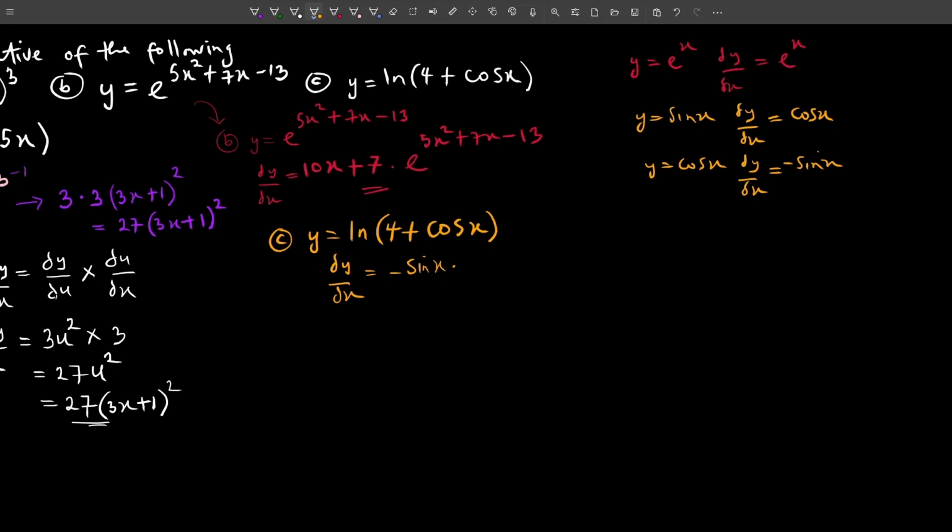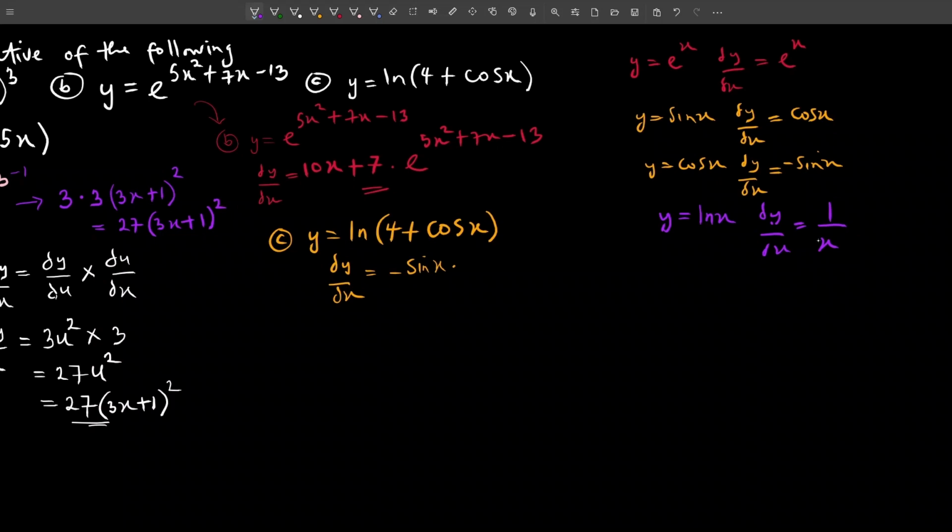Let's now differentiate the outer function, which is the ln of something. Again, don't forget that if y is equal to ln x, then dy/dx is 1 over x. Now, imagine that everything inside here is x.